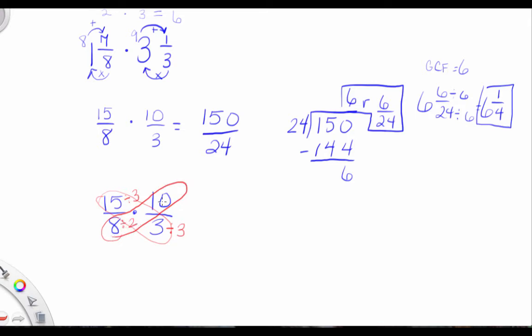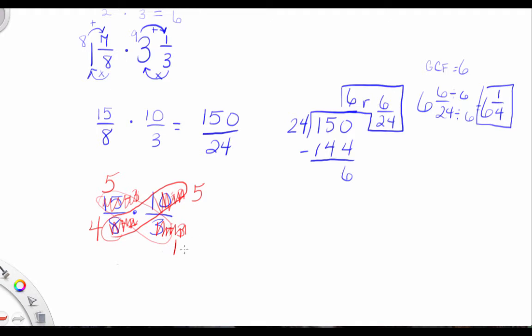I can do 8 divided by 2 and 10 divided by 2. So 15 divided by 3 is 5, and I'm going to scratch that out. 3 divided by 3 is 1. 10 divided by 2 is 5. And 8 divided by 2 is 4.